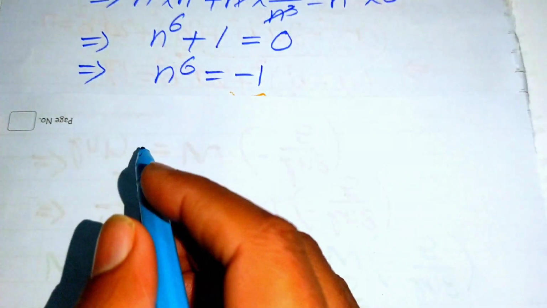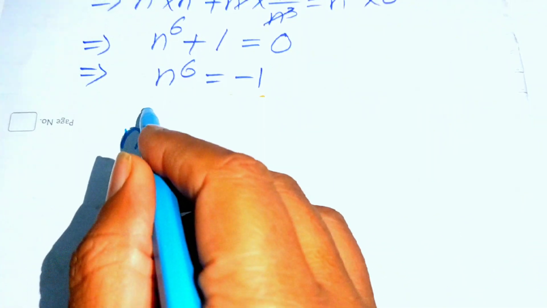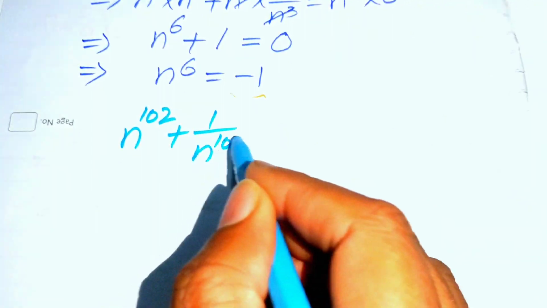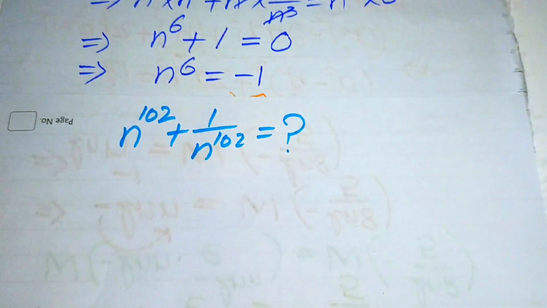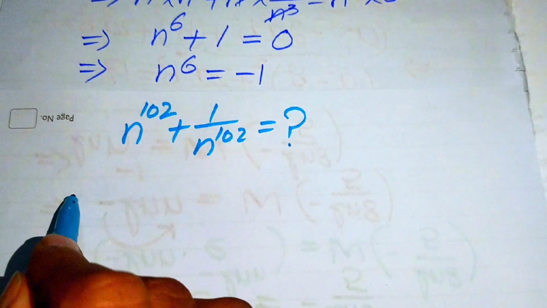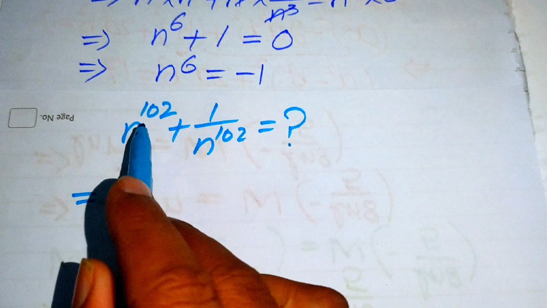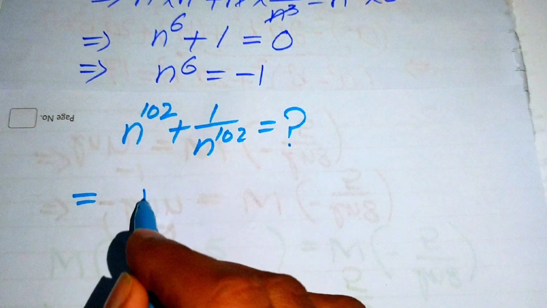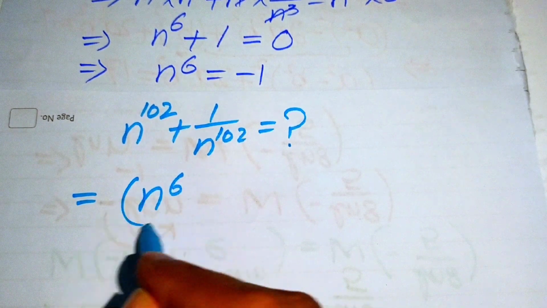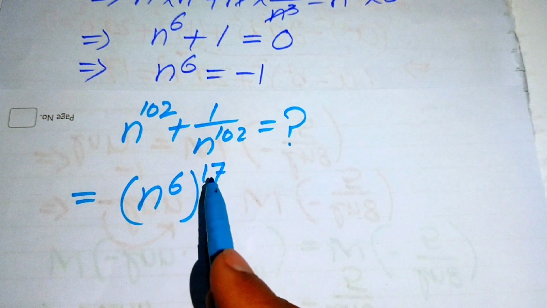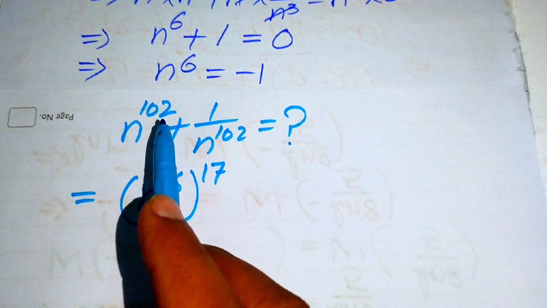Now we move towards our required answer. We find the value of n to the power of 102 plus 1 over n to the power of 102. First we rewrite n to the power of 102 as n to the power of 6 and its whole power 17, because when you multiply 6 by 17 then you obtain 102.